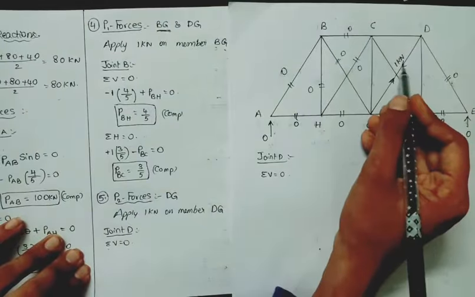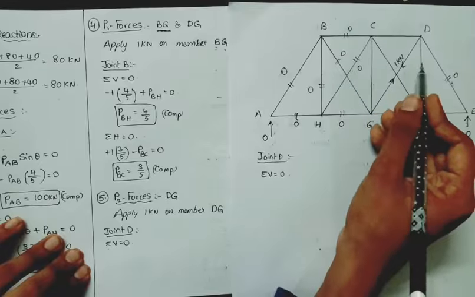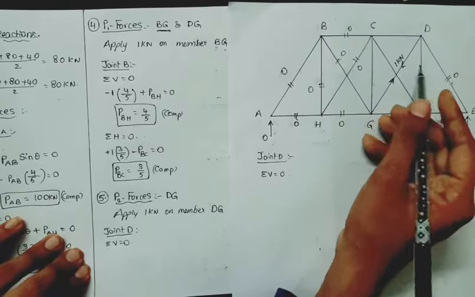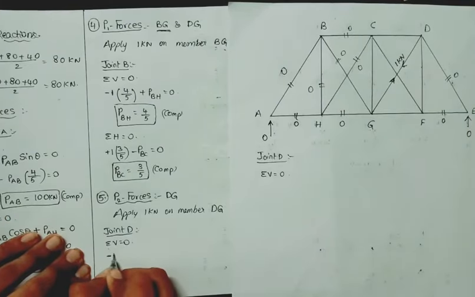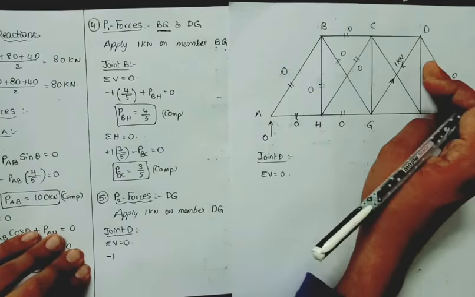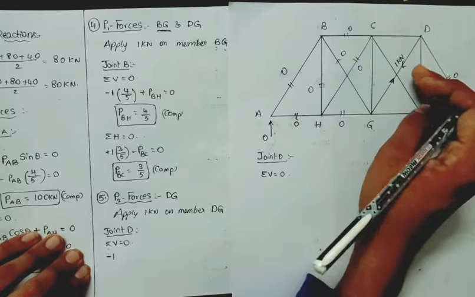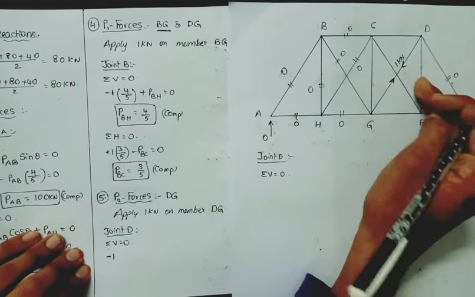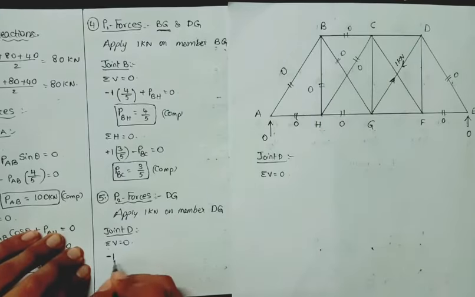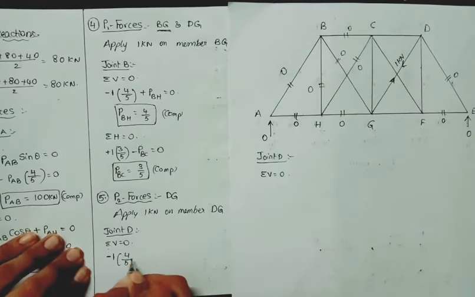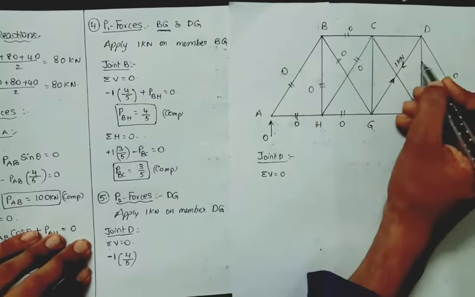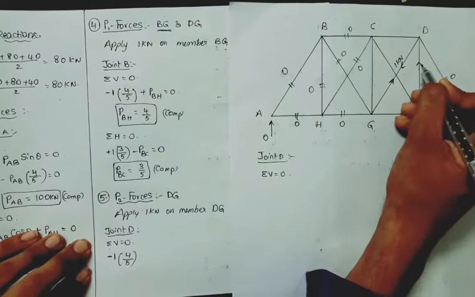So if I apply sigma V equal to 0, this 1 kilonewton, if I resolve vertically, is going downward. So minus. If I resolve this vertically, it will be the sine component. So sine theta is opposite side by hypotenuse. Opposite side is 4 meters and hypotenuse is 5 meters. Minus 1 into 4 by 5. Now, if this arrow is downward, I am assuming this one as the upward direction.